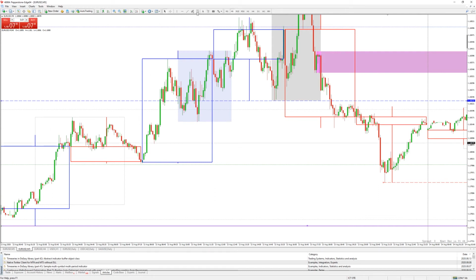So again, the 4 hour is not as good as the daily one. You see on this day, after it cuts through here, of course you ignore this one because this is the candle that it cut through.